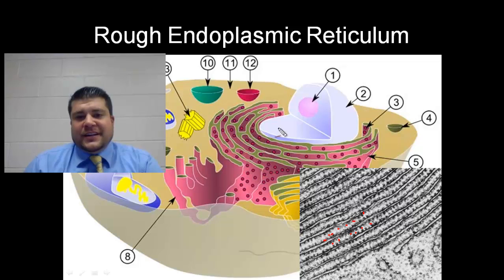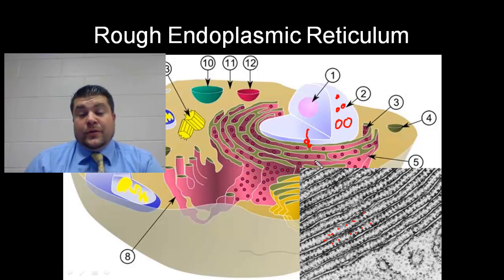And they're actually attached to the pores or the holes on the nuclear envelope. So there's these little holes all throughout here. And so when we make RNA, it actually flows out and runs through the rough endoplasmic reticulum.